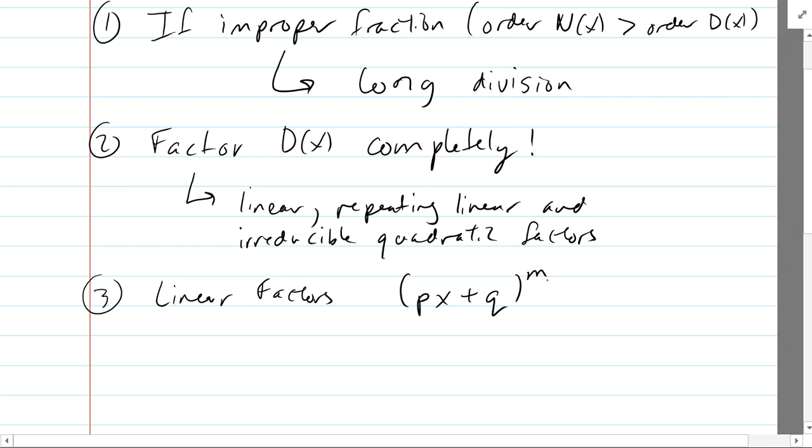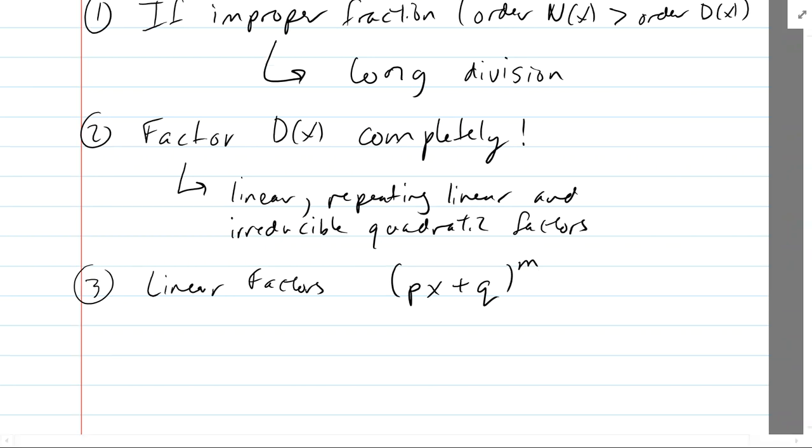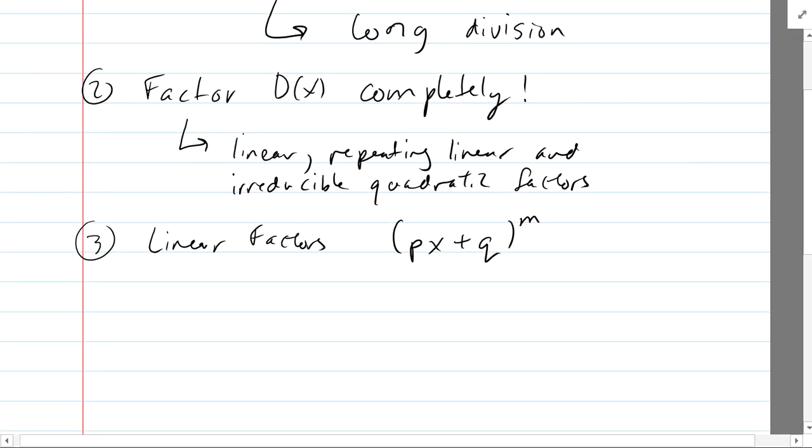M could be to the 5th if I'm feeling wicked, right? If it's m, you must include the sum of the m factors.